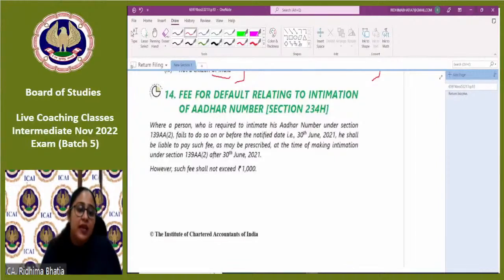In the case of instant PAN, one thing students remember: if you want to go through instant PAN allotment, and in case you want any particulars different from Aadhaar, like a different resident address or any other details mentioned in the PAN, then you have to apply for the PAN through the proper 49A form.